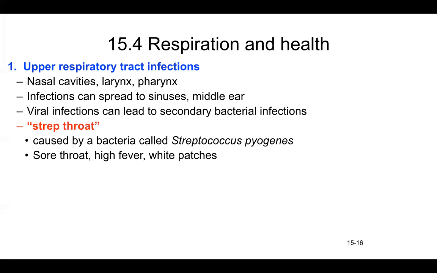The next upper respiratory tract infection that we'll discuss is a disorder of the sinuses. We've talked about sinuses and how they are basically cavities or holes in your bone. We've identified where those are on your face.